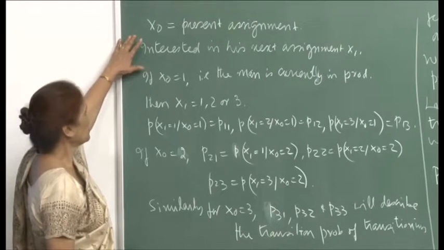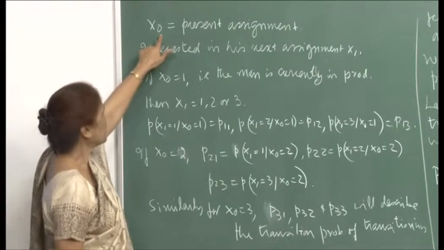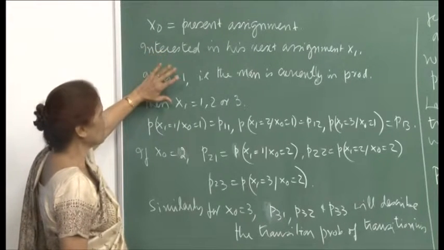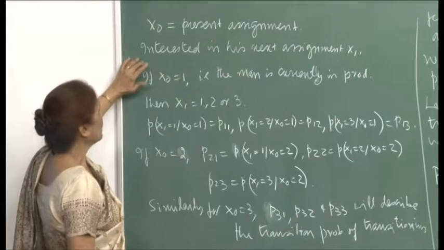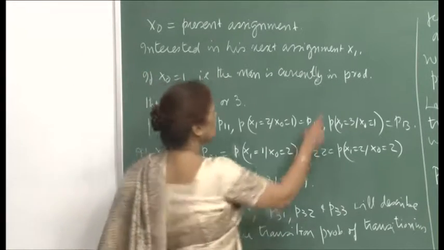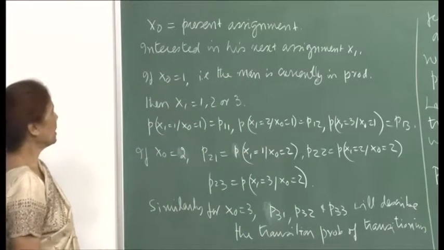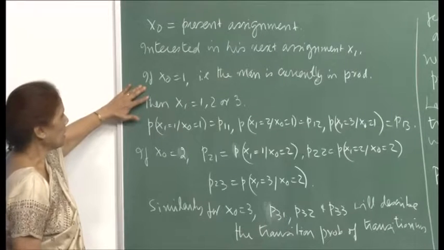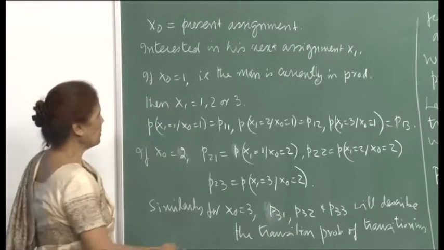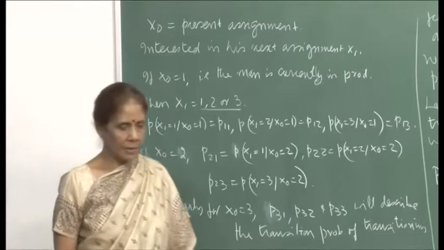If X naught is, let us say, the present assignment by our notation, this means whatever the value of X naught, that tells us the present assignment of the employee, and we are interested in his next assignment, that is, we want to know the value of X1 in the next time period. Suppose X naught is 1, that is, the man is currently in production, then X1 can be 1, 2 or 3, any of the 3 sections he can be assigned to.